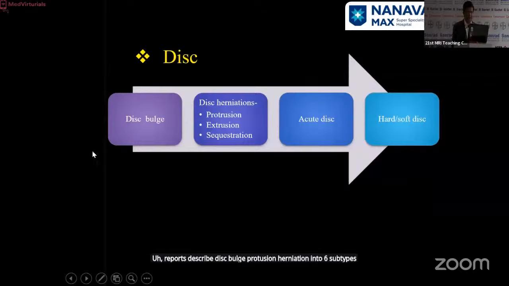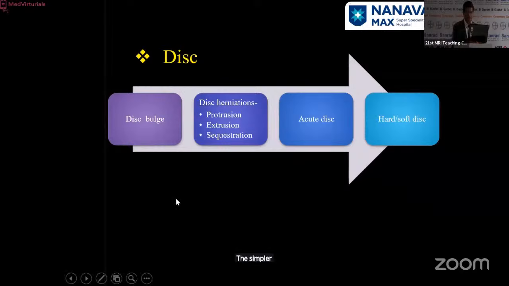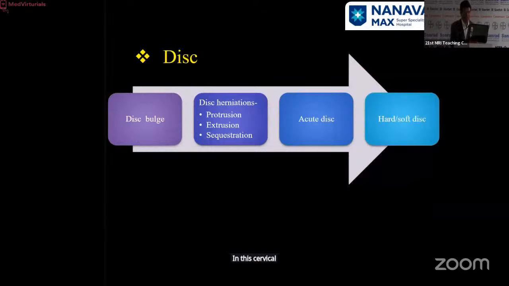That gets too complicated and it becomes too measurement-like. The simpler version of defining disc degeneration is broadly divided into 4 subcategories: a simple disc bulge versus herniation, and acute versus chronic disc, and soft versus hard disc in the cervical spine. And we'll understand this concept in the next few slides.